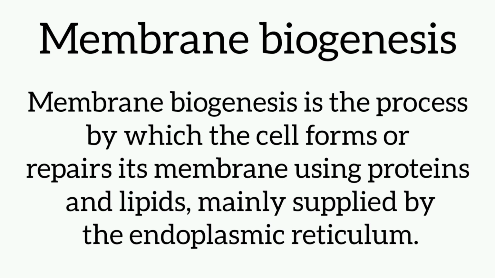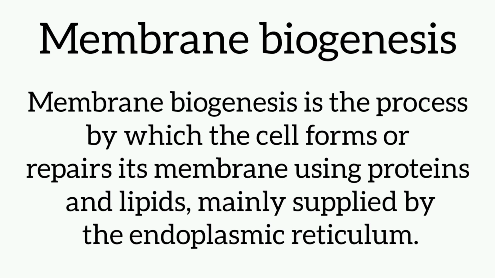During cell division, when a new cell is formed, it needs a new cell membrane, and for this the endoplasmic reticulum supplies proteins and lipids. Lipids are fat molecules, and they are the main building materials of the cell membrane. The process where proteins and lipids from the endoplasmic reticulum are used to build or repair the cell membrane is called membrane biogenesis.